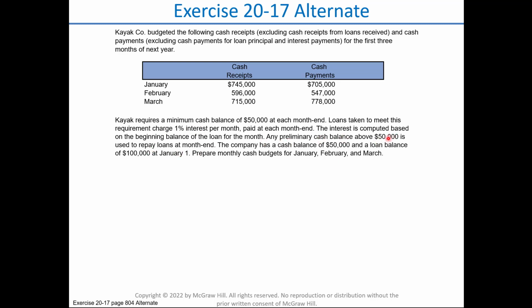Any preliminary cash balance over $50,000 would be used to pay back any loans that they have. The company has a cash balance of $50,000 and a loan balance of $100,000 in January. So we're going to prepare cash budgets for January, February, and March.